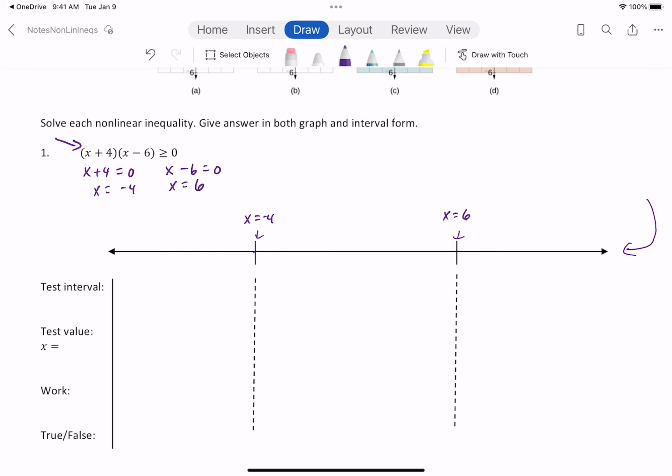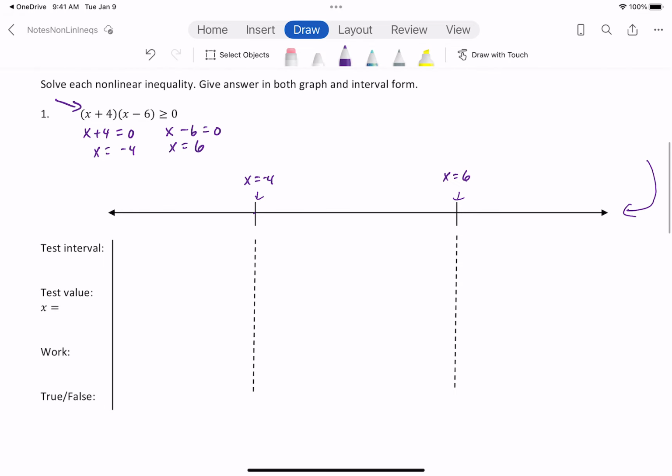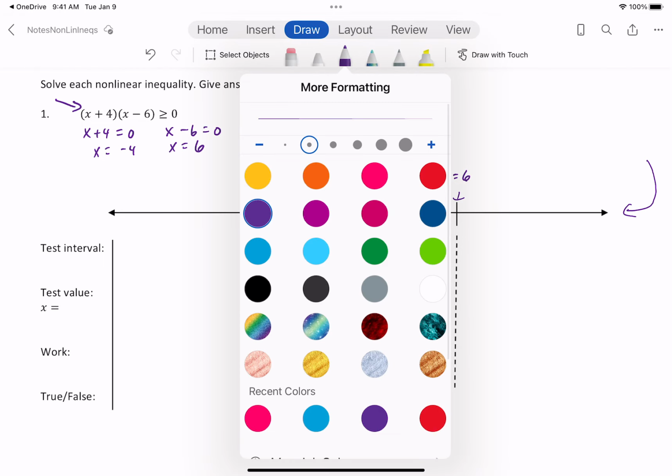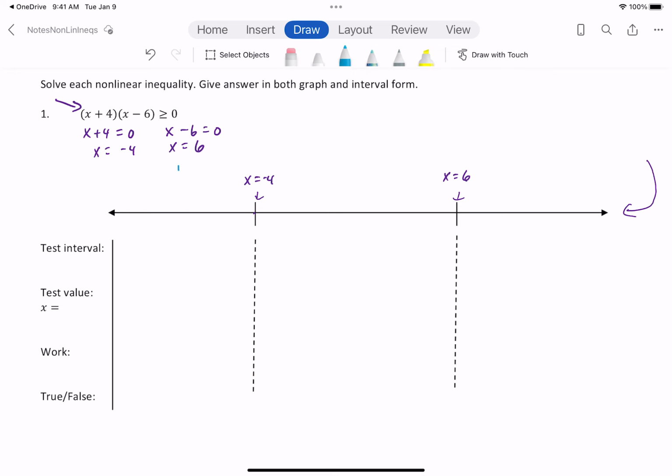Now in this case, when I solved these, the smaller number happened to be on the left. But remember, because this is a number line, whatever you get for your endpoints here, they have to go onto your number line in numerical order from smallest to biggest, okay? So this has created, like we talked about above, 1, 2, 3 regions.